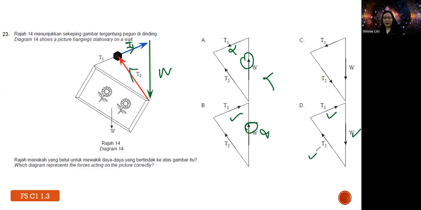T2 is up again. Now, if the object is in a state of equilibrium, you will notice that all three arrows will be in the same direction. If you have other questions with a similar triangle, but you notice one of the arrows is in the opposite direction, that means the object is not at rest or not hanging.